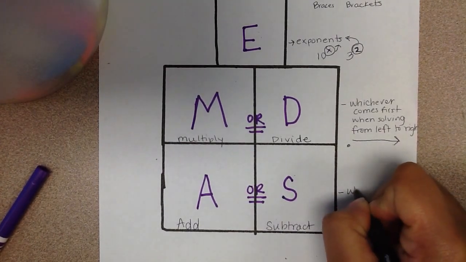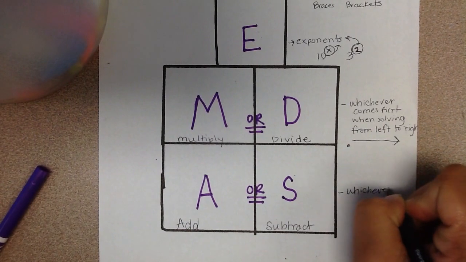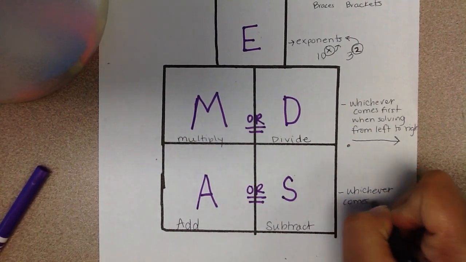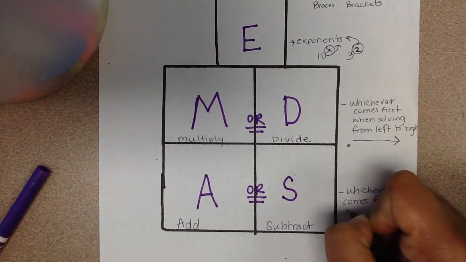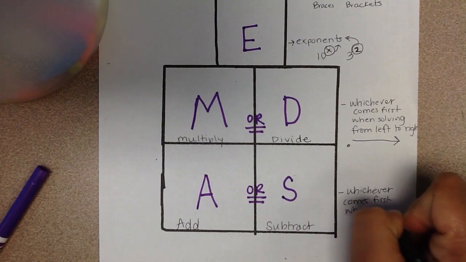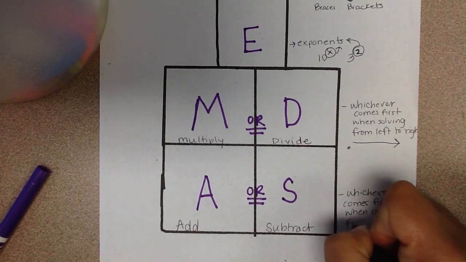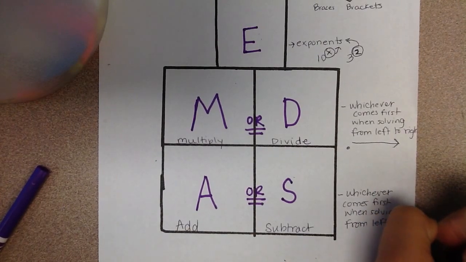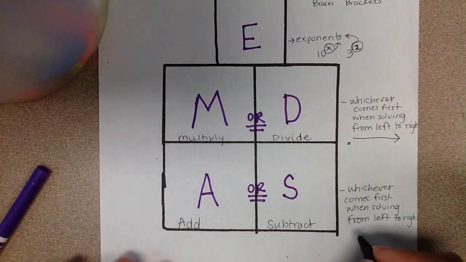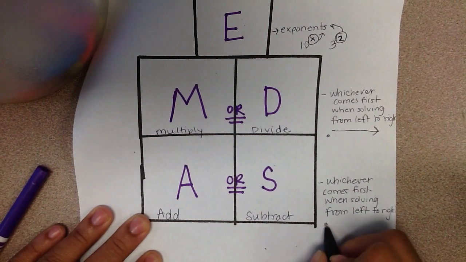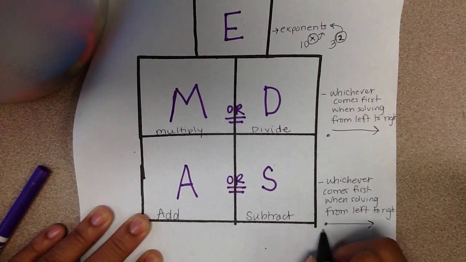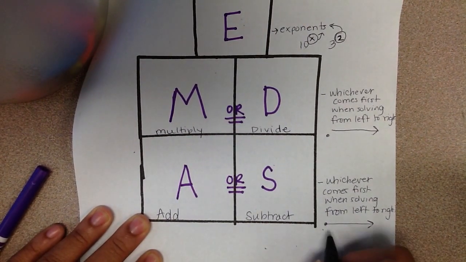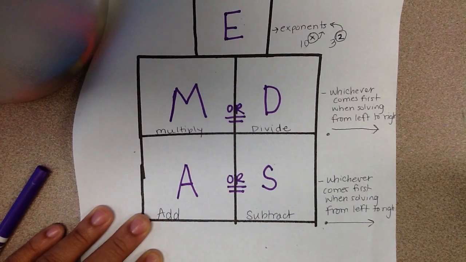Again, this is whichever comes first when solving from left to right. So when I solve my problem from here to here, whichever comes first, addition or subtraction, that's the one I solve first.